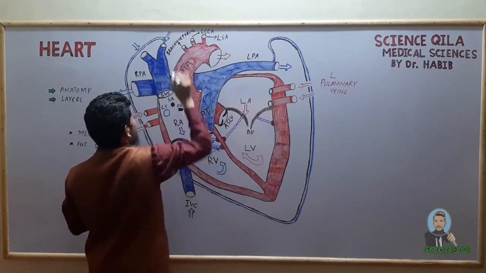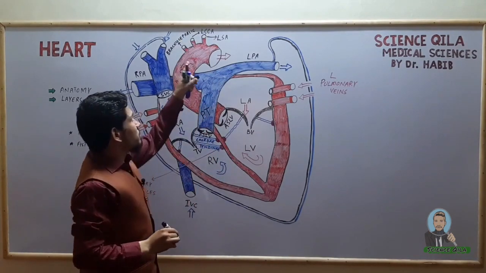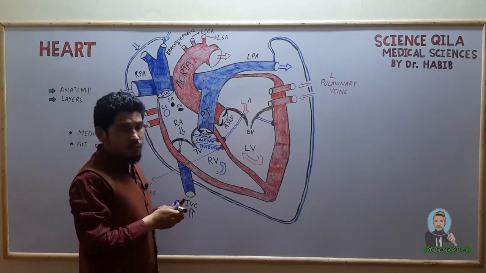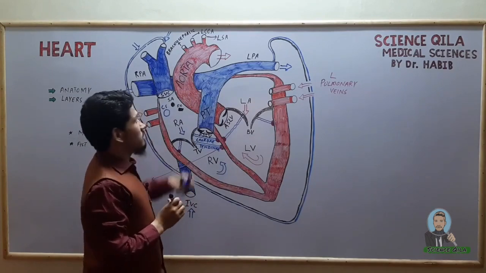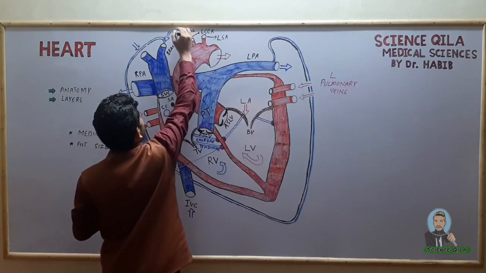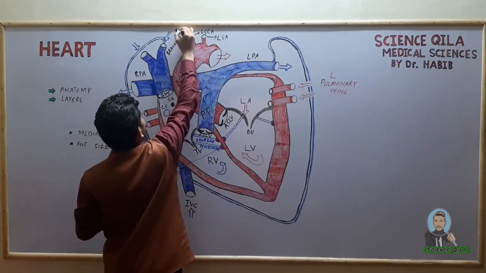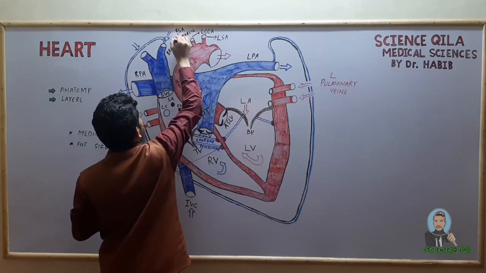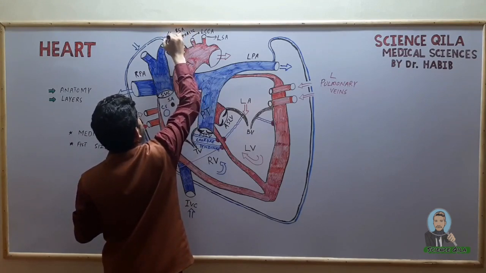Now you will ask the question, where are the right ones? The left common carotid and subclavian arteries are there, so where are the right ones? This brachiocephalic actually divides into the right subclavian artery and the right common carotid artery.